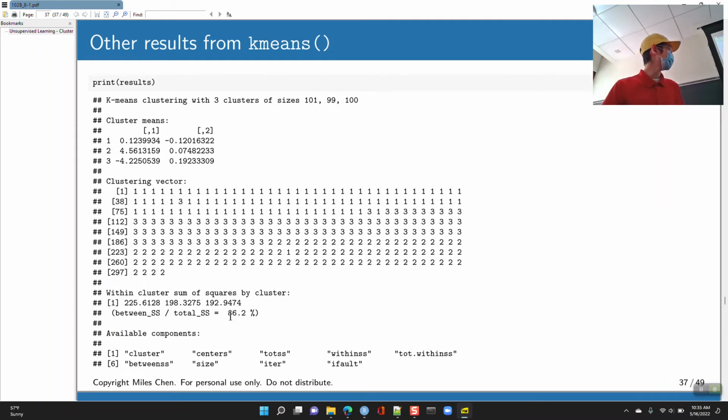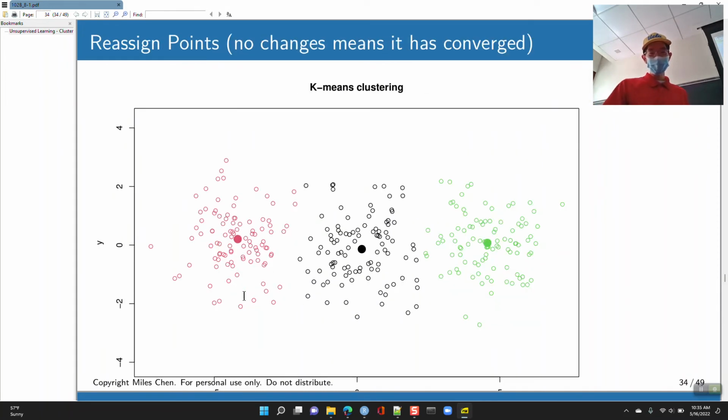There is a measure called the within cluster sum of squares. The idea here is, after running the clustering, if you look at the sum of squares, as in, if this is the centroid and you ask what's the distance to each centroid, it's going to be smaller than if you just had one centroid for all the data, which might be somewhere around here.